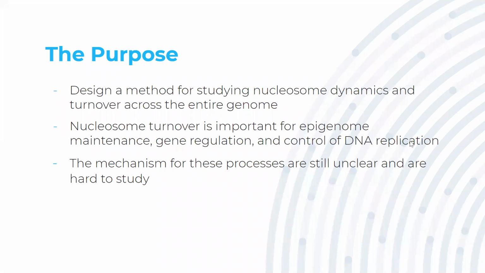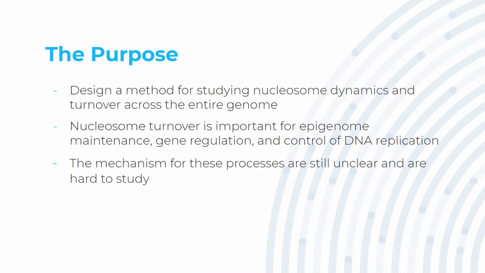So a little background information on the study. The purpose of their research was to design a method for determining nucleosome dynamics and turnover across the entire genome. They wanted to study the kinetics of nucleosome turnover because these turnovers are super important in epigenome maintenance, gene regulation, and control of DNA replication.